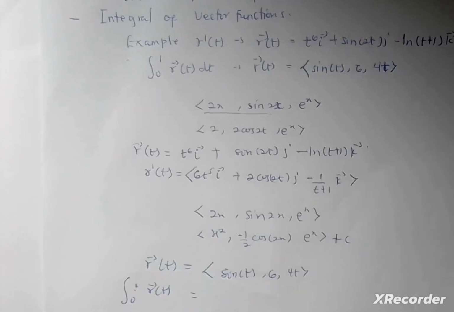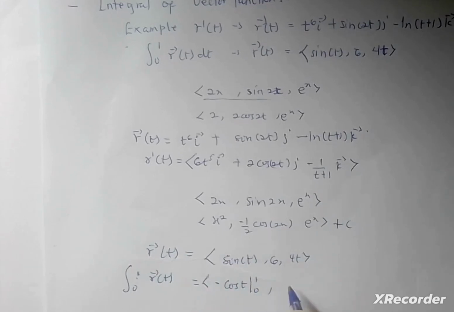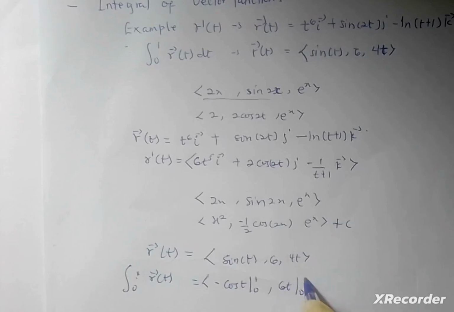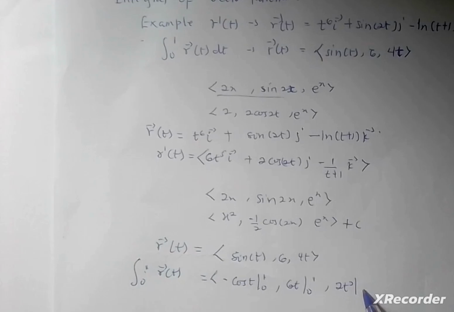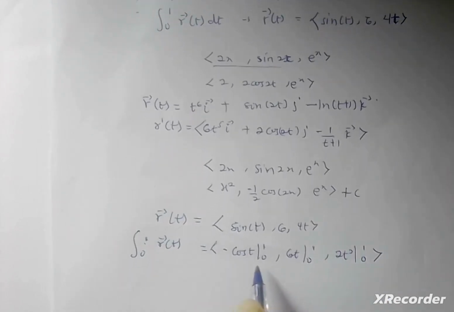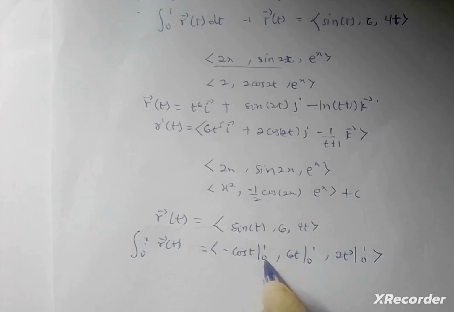Integrating sine t gives me negative cos t, evaluated from 0 to 1, comma. When you integrate 6 you get 6t, from 0 to 1, comma, and you get 2t squared, from 0 to 1. Once I get this, I'll simply apply my endpoints. If I put 1 here, I'm going to get cos 1, and if I put 0, I'm going to get cos 0.